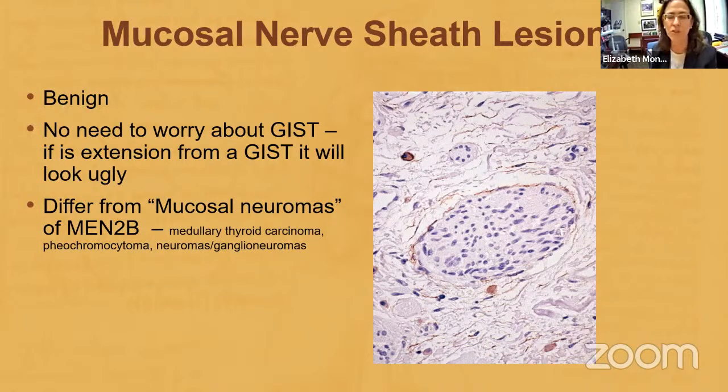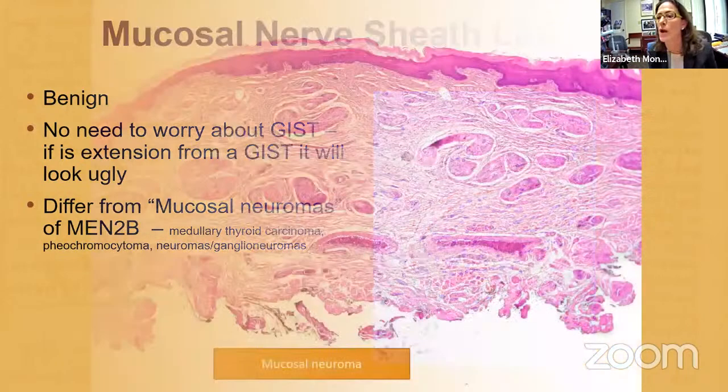Multiple endocrine neoplasia 2B consists of medullary thyroid cancer, pheochromocytoma/paraganglioma, and neuromas and ganglioneuromas, often in the intestines. So this is the key feature of these mucosal neuromas. This is an epithelial membrane antigen stain. So you have the little lesion, but it has a cuff of perineurial tissue around it.